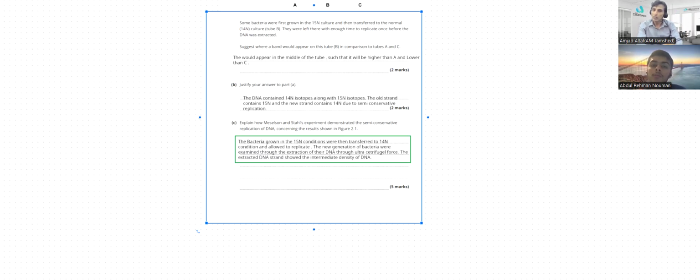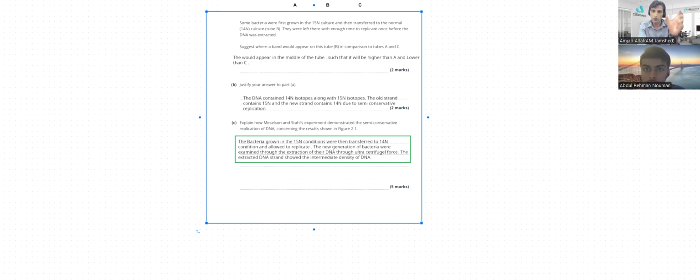So this ruled out conservative replication, which would have produced two distinct bands, one heavy and one light. This is one observation. Further replication in the N14 medium would produce both intermediate and light bands. It confirms the semi-conservative model, where each new DNA molecule contains one original strand and one new strand.